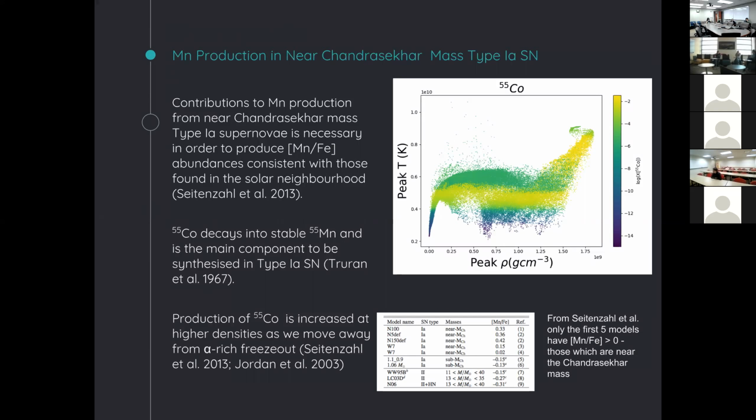This is cobalt-55, which is the main progenitor of manganese-55.